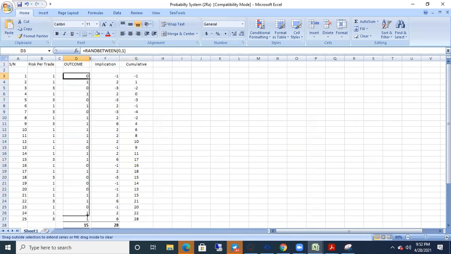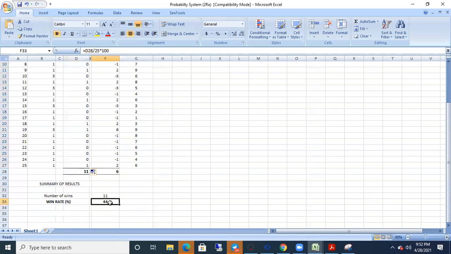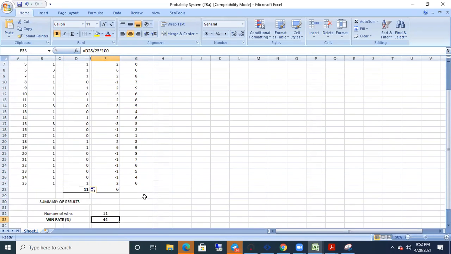Let's find another iteration. All right, very good. So watch this. This is a 44% win rate. Lower than average. And this trade had, at one point in time, 2 back-to-back losses, followed by 3 back-to-back losses, then followed by 1, 2, 3, 4, 5 back-to-back losses.